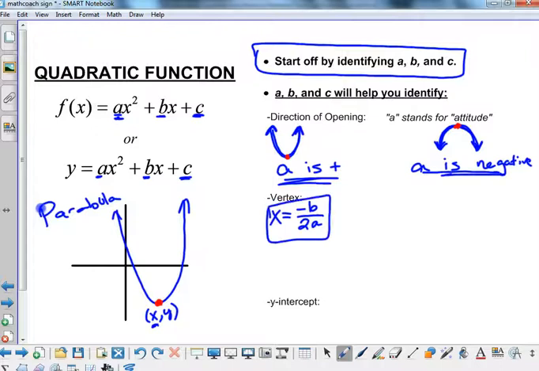Now, once we get x, we can plug x into the equation, or into the function, to find y.